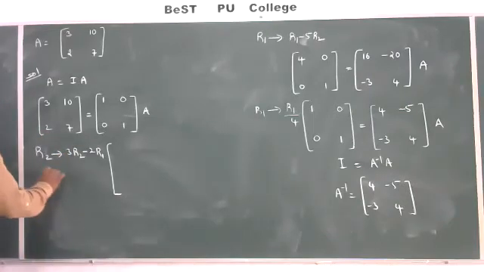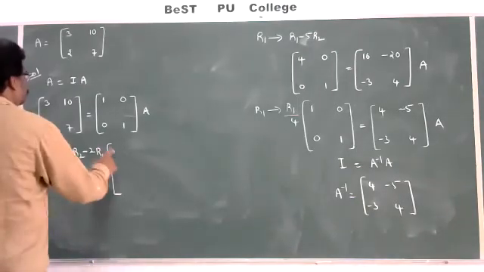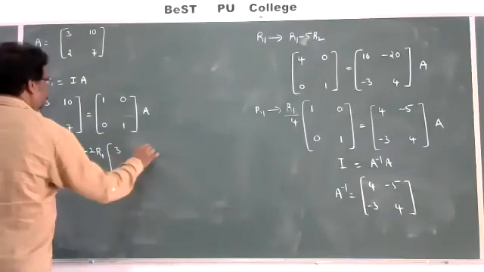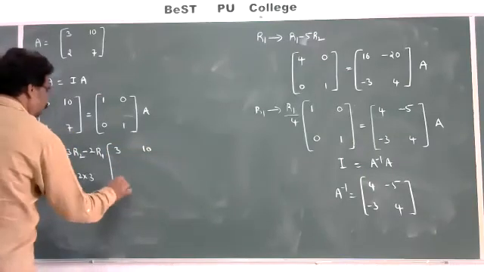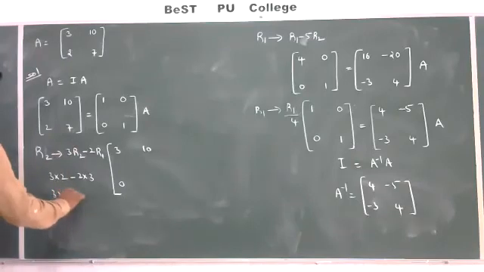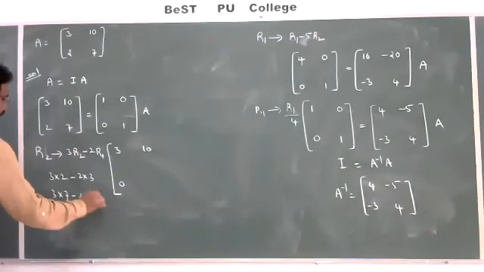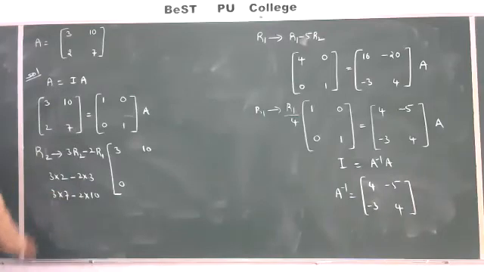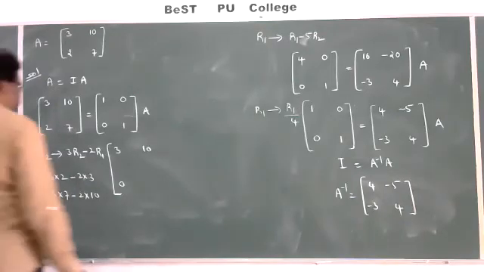That is 3R2, 3 into 2 minus 2 into R1, 3. 6 minus 6, 0. So you write the first row same, 3, 10. This is 0. And here 3 into 7 minus 2 into 10. 3 7s, 21 minus 20.